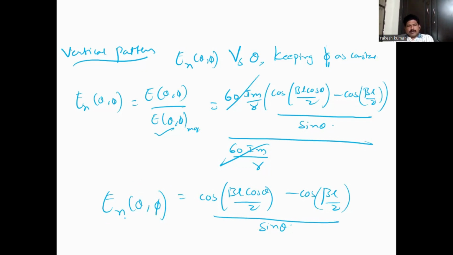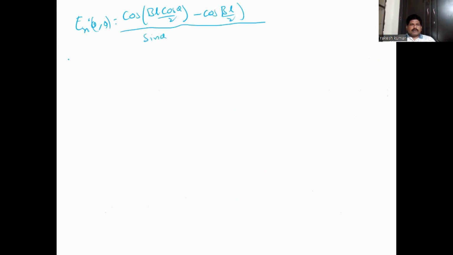Now see here, for example, the expression En of theta comma phi is equal to cos(beta L cos theta by 2) minus cos(beta L by 2), by sin theta. Let us assume that for a half wave dipole, L is equal to lambda by 2.